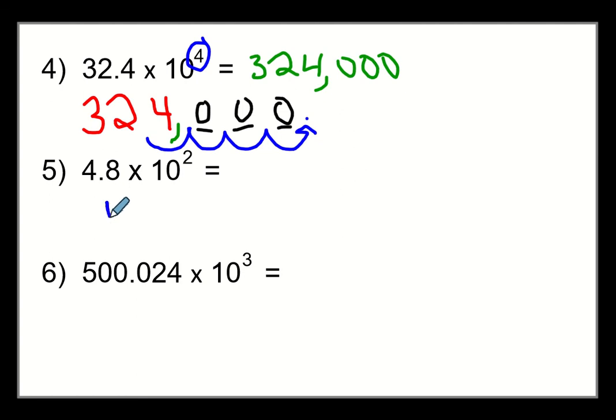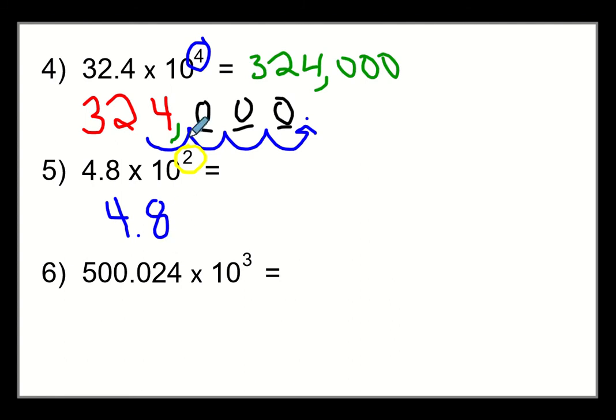So just like we did before, I can put my 4 and 8 tenths here. And then I can note that I have to multiply 4 and 8 tenths times 10 to the second power. So that's going to be 4 and 8 tenths times 10, essentially.